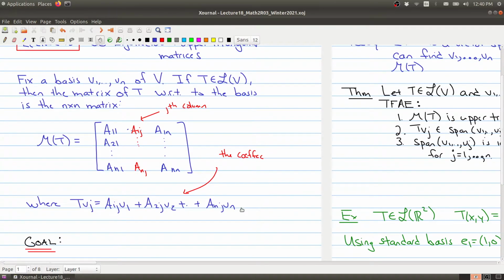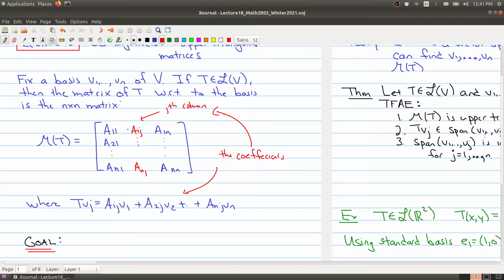So given any linear operator and basis, we get a matrix. The goal that we want to look at, and it's not just the goal for this particular lecture but what we'll see going forwards, is this. Oh, I just realized I didn't finish writing this here. This says the coefficients popped into the jth column.